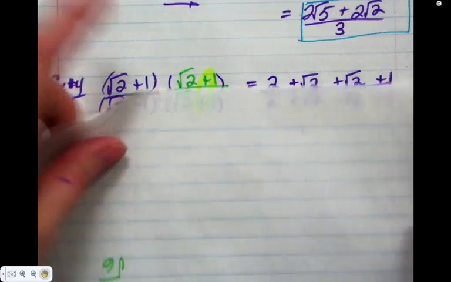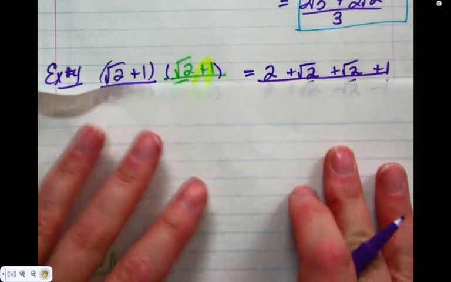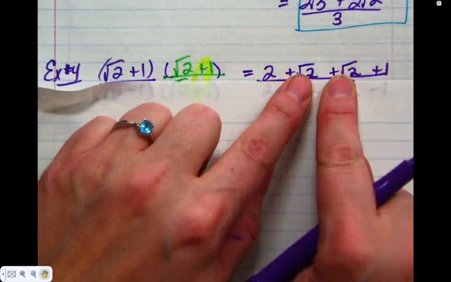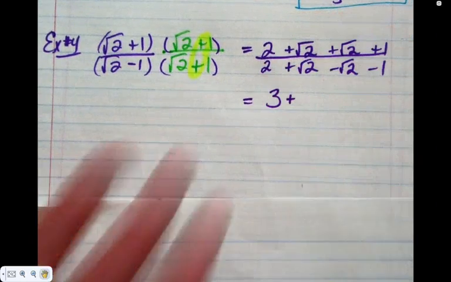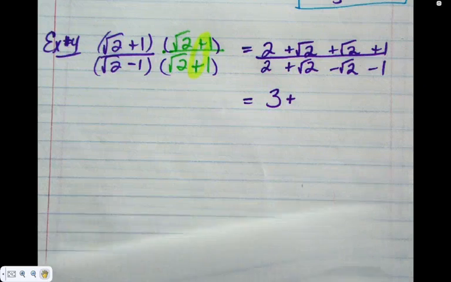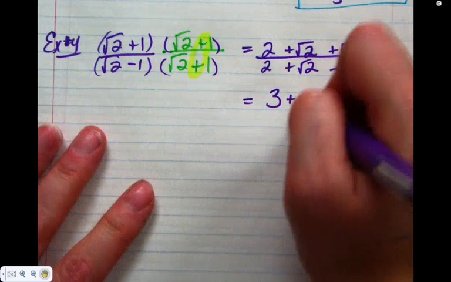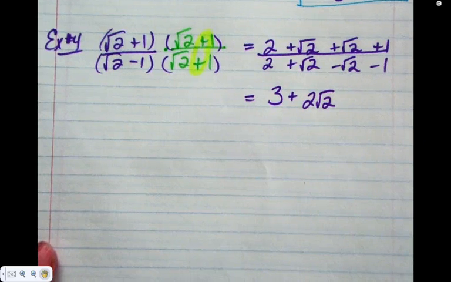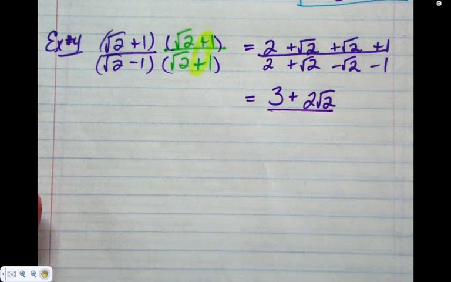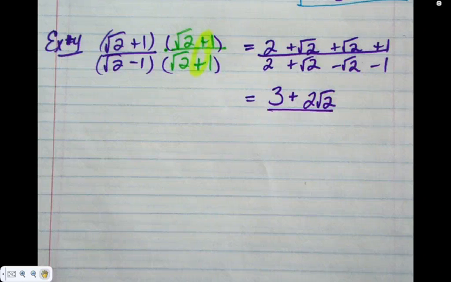Okay, so let's just look at the top first. Let's simplify. We can put the numbers together and we can put the roots together. So a 2 plus 1, and 1 root of 2 plus another root of 2 is 2 root 2. On the bottom, I can put the numbers together again. 2 minus 1.